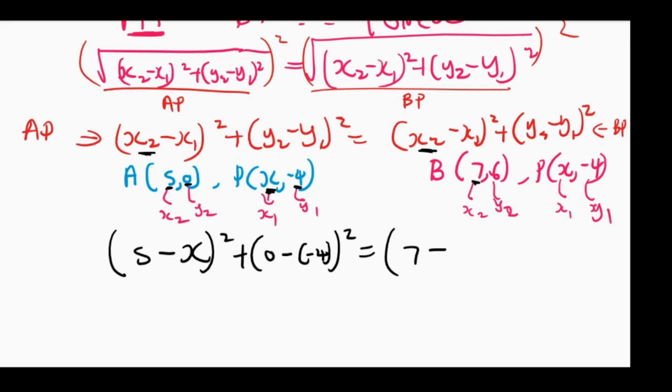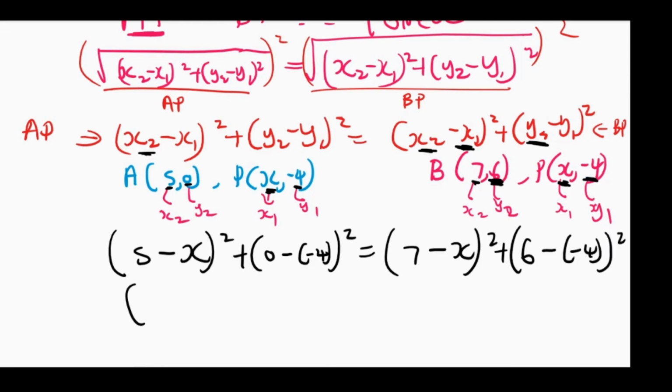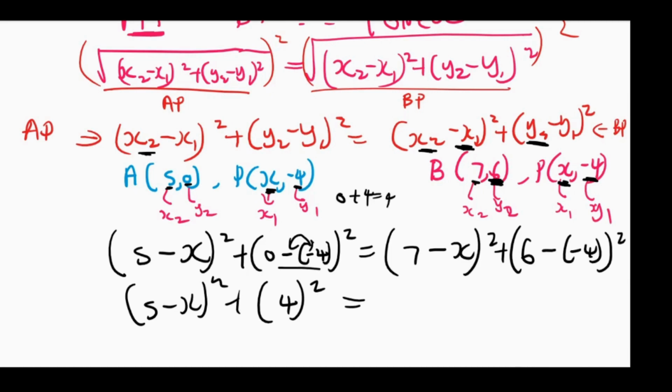So it's going to be 7 minus x1, which is this x here, squared, plus y2, which is 6, minus y1, which is minus 4, so minus 4 squared like this. So we're going to have 5 minus x squared plus this negative multiplied by this negative gives us positive. So it's going to be positive 4 squared. Why? Because you have 0 plus 4 equals 4 right here inside.